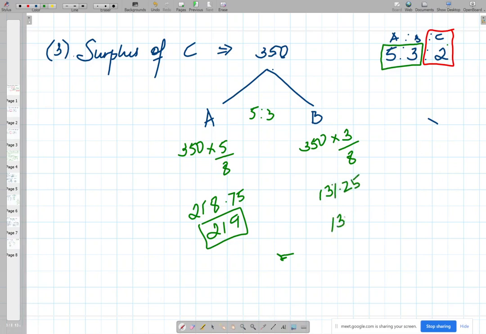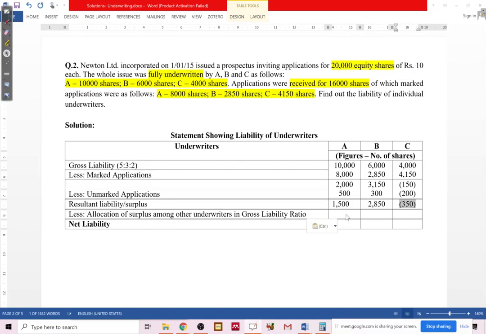I'll keep it the same as 131. Okay, so 219 and 131, A and B will get out of C's surplus. And what happens to his amount? What is going to happen? In this case, it will get nullified.